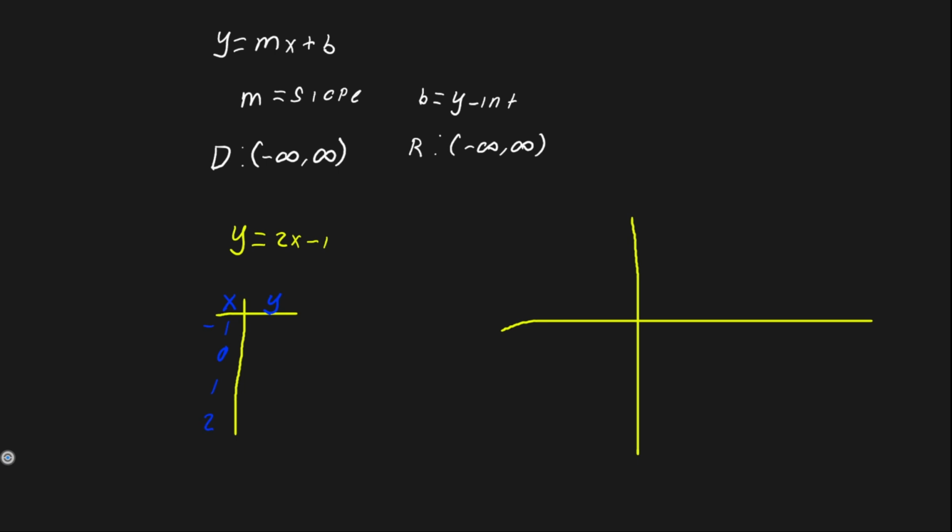So when x is equal to -1, just replace x with -1, where we get -2 minus 1, because 2 times -1 is the same thing as -2. And if we add this, we're going to get -3. So our y value is -3.